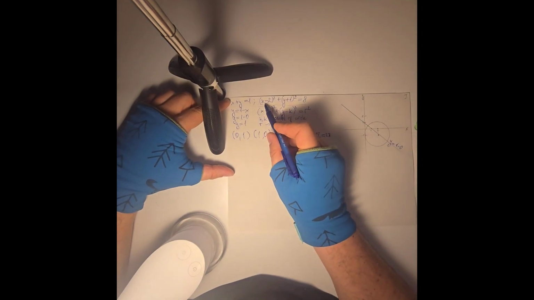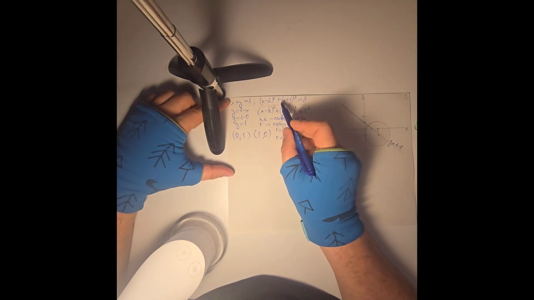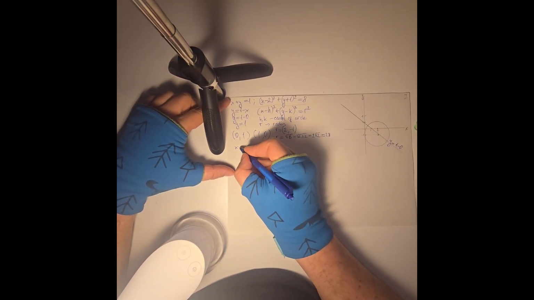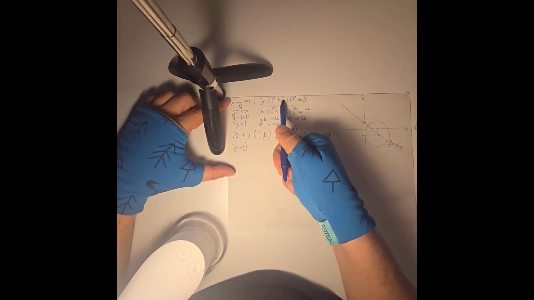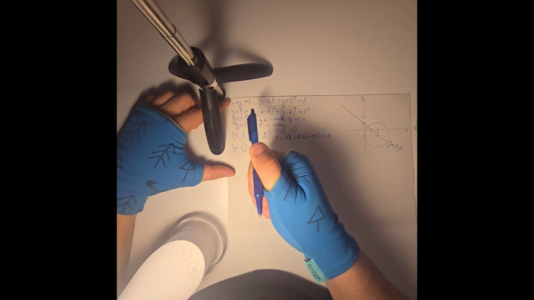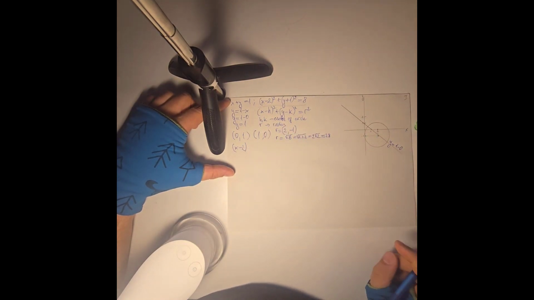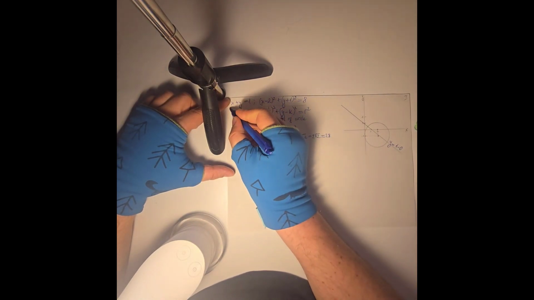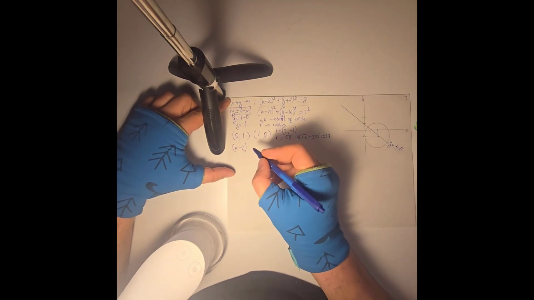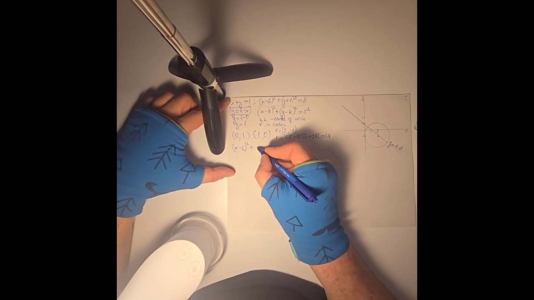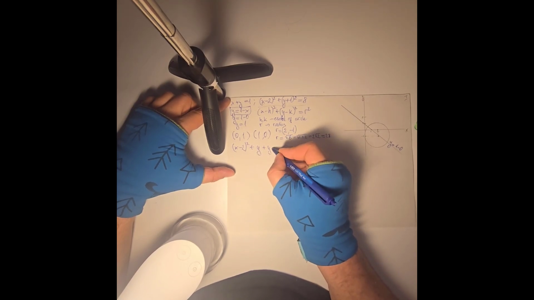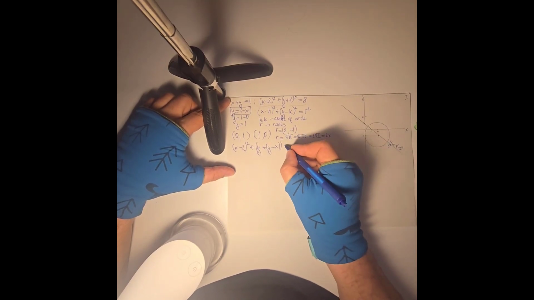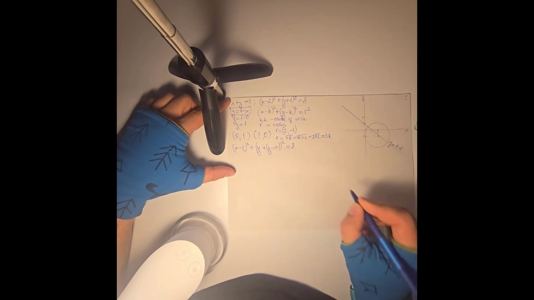We get (x minus 2) squared plus (y plus 1) squared equals 8. To solve it, we replace y here with 1 minus x, because y is 1 minus x.